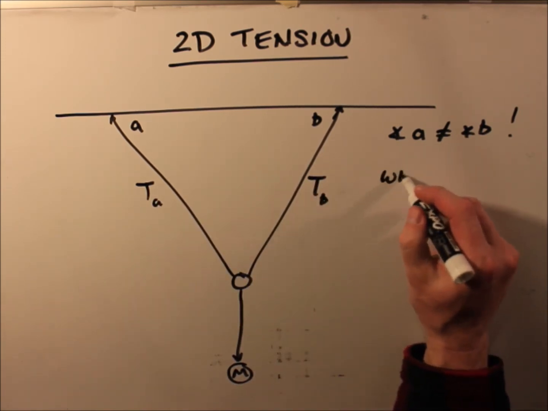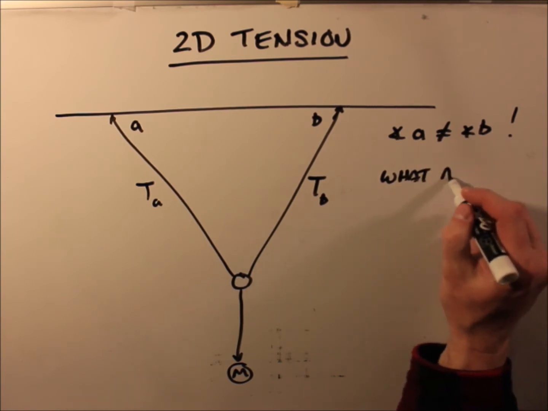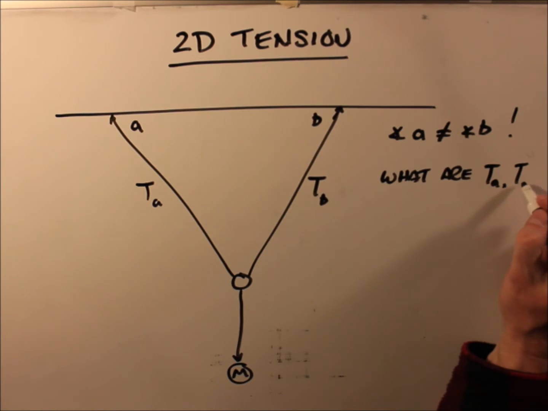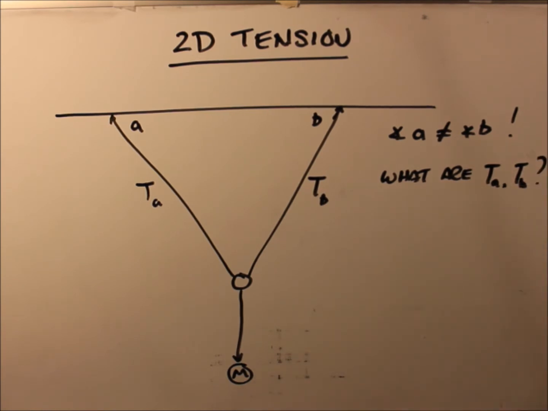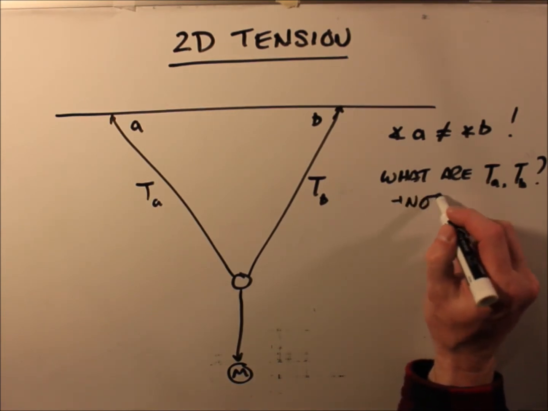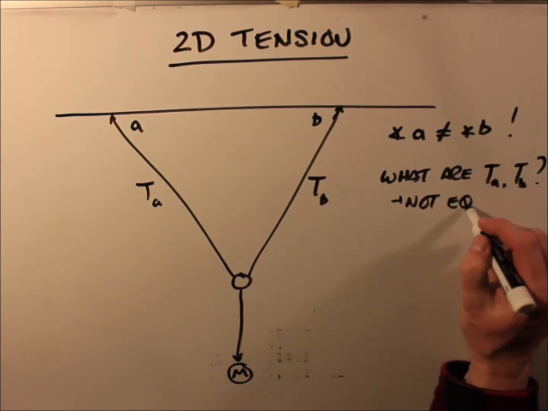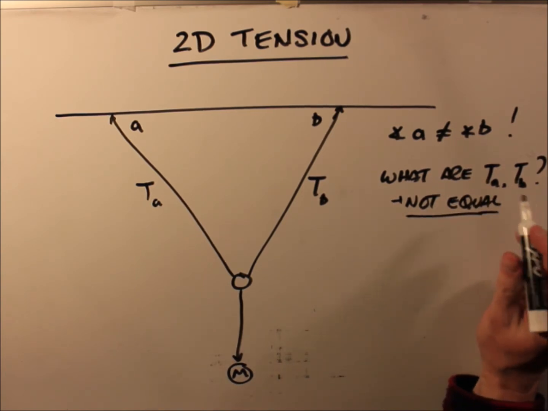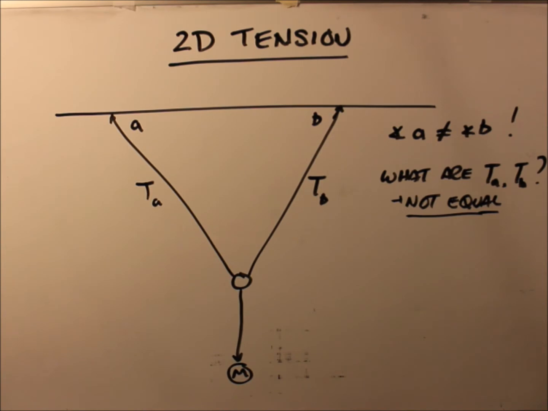They want to know what TA and TB are. This is a very typical question. And I'll put here not equal, because the only way these are equal is if A and B are equal, and that will not be the case. You have to figure it out.